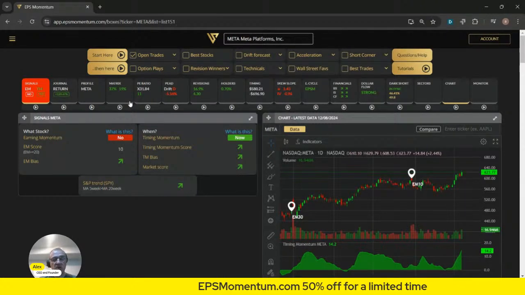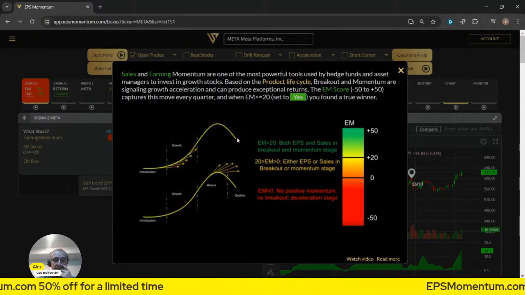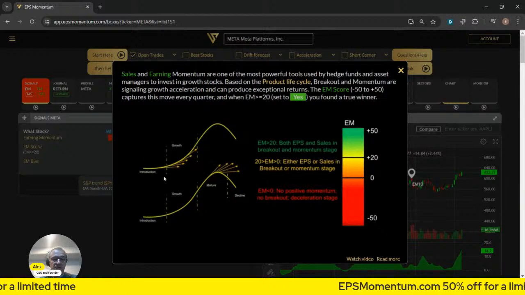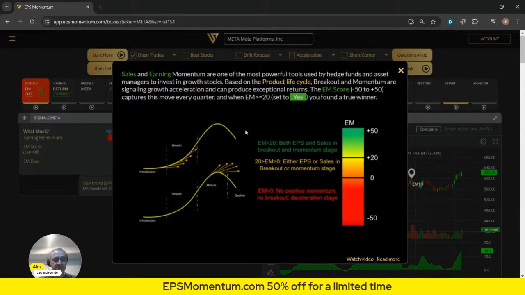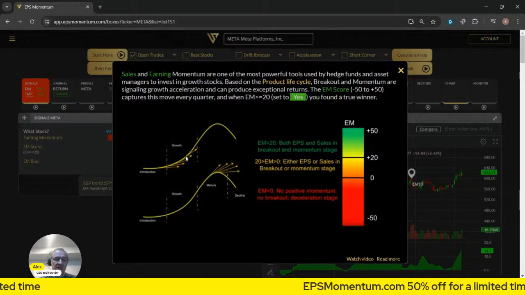So it's really looking at the S curve of each product or each company: launching a product, introduction, growth, mature, and decline. During those periods of introduction and growth, there's always acceleration in earnings and sales, and this is what we're trying to capture.